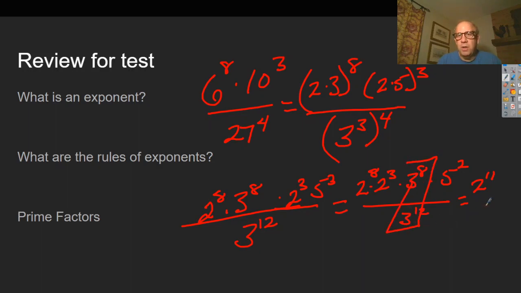So 3 to the 8th divided by 3 to the 12th is 8 minus 12, which is negative 4. So that would be 3 to the 4th, down here in the denominator. And then 5 to the 3rd has nothing to combine with, so it stays 5 to the 3rd. So 6 to the 8th times 10 to the 3rd over 27 to the 4th reduces to 2 to the 11th times 5 to the 3rd divided by 3 to the 4th. Okay, does it make sense to you? If I multiply all those out, I would not be able to reduce the fraction that I end up with.